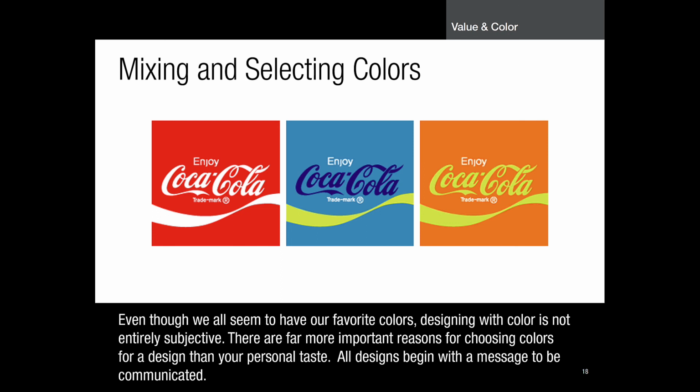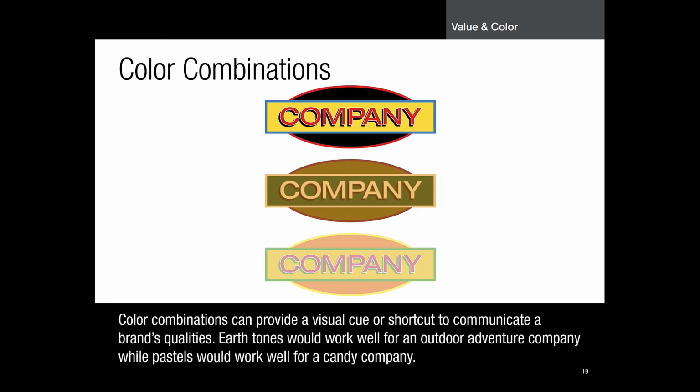As I mentioned, I really advise you to test drive other colors, even if you have a pretty good idea where you want to end up. The colors you choose can be very important to projecting what your brand or your company is about. So here I have a generic logo in 3 different color palettes. If I were to ask you, which company logo do you think is for a candy company? You would probably go for the one at the bottom.